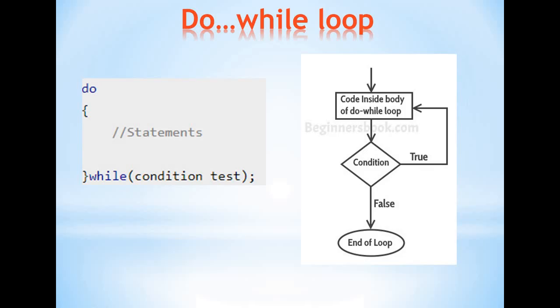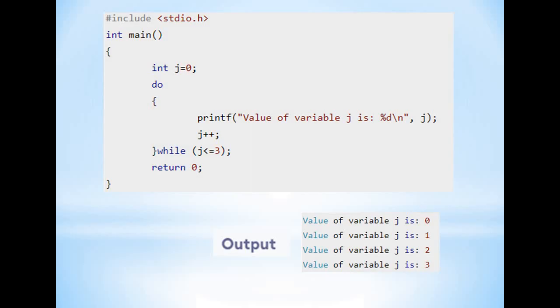So first it will execute the code inside the body of the loop. If the condition is true, again it goes inside the body. If the condition is false, it will terminate the process. Here is the example program for do while loop. Here we declare the variable j equal to 0, and inside the do while loop, first the j value will be printed.